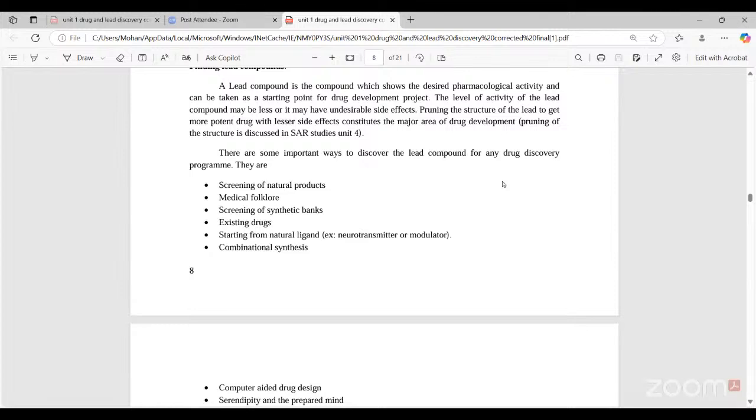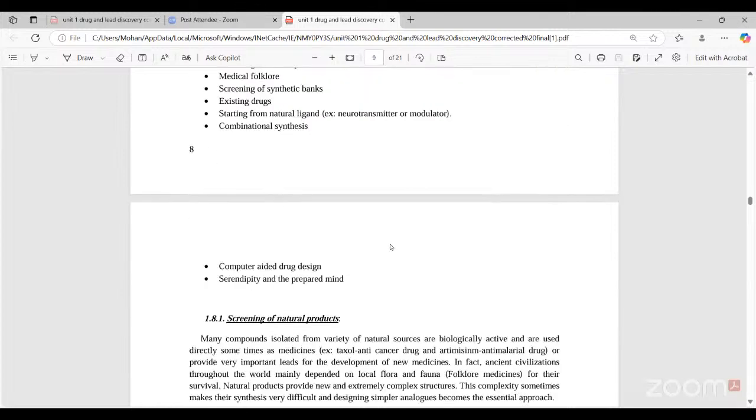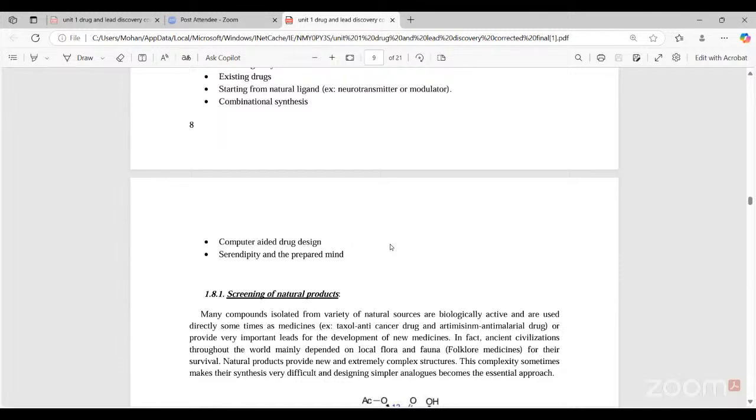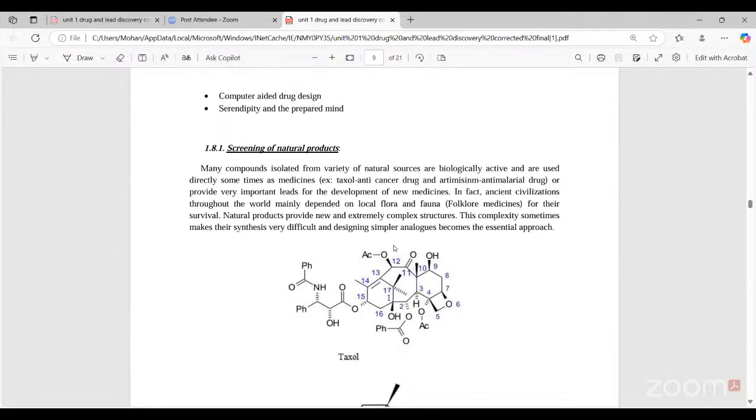Starting from extraction from natural ligands, the synthesis is complicated and multi-step, and the amount prepared is limited. Speaking of natural products, many compounds isolated from a variety of natural sources are biologically active and are used as medicines, such as Taxol, an anti-cancer drug, and antihistamines. They are important for the development of new medicines.